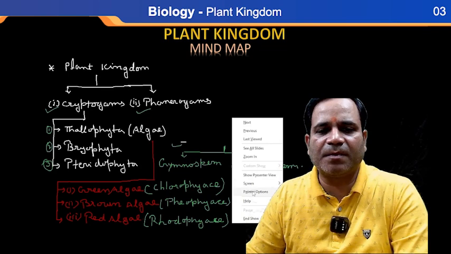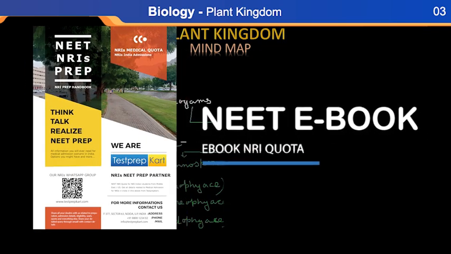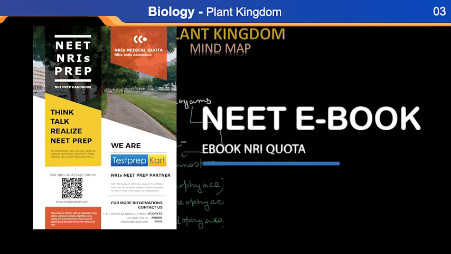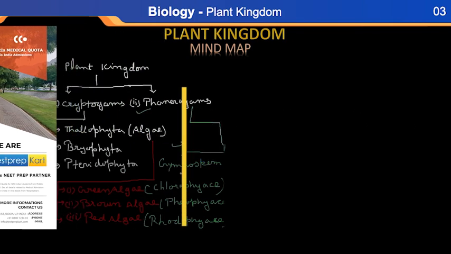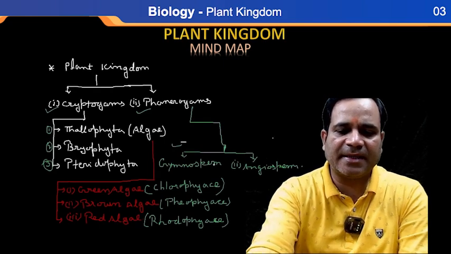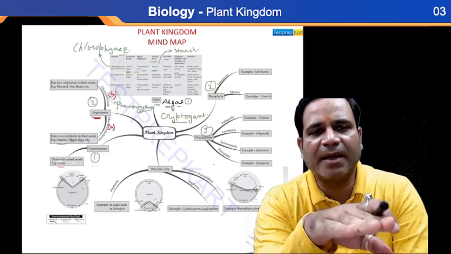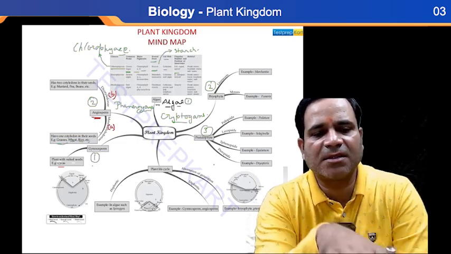This one is two parts. That is gymnosperm and angiosperm. So gymno means naked. Angio means covered. So this one is the thing. Clear? So the cryptogams and phanerogams terms are clear.